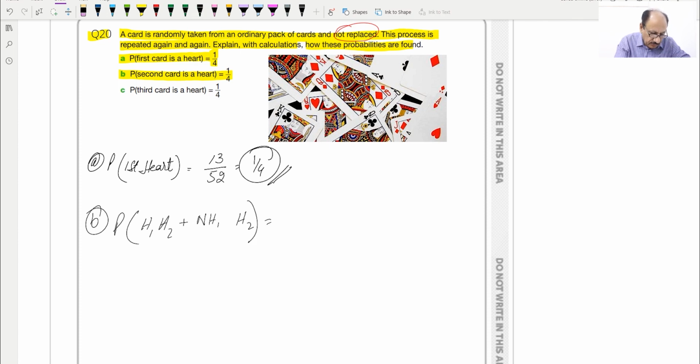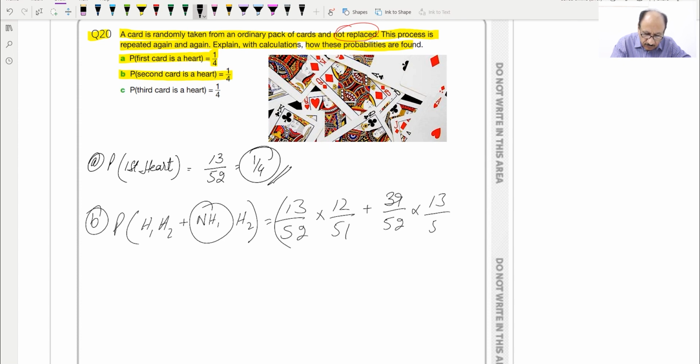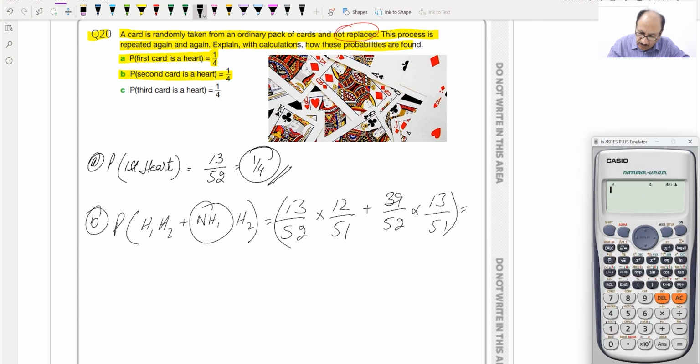So probability will be 13 over 52 for first heart, and for second heart it will be 12 over 51 because one is gone out, which is not replaced, plus not heart, this one not heart will be 39 over 52 multiplied by 13 over 51, and we can calculate this probability, which we can check.